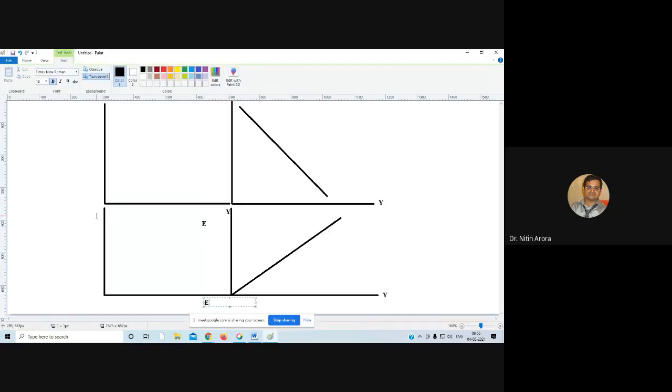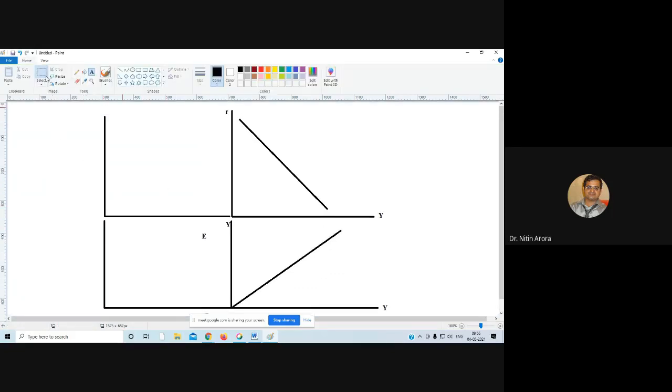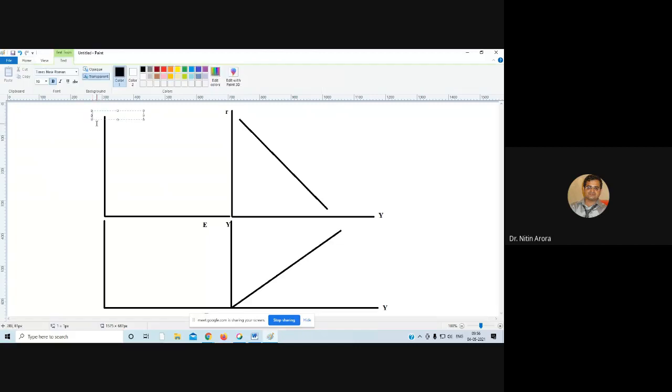Okay. Then we have exchange rate. We have rate of interest here and level of income here.